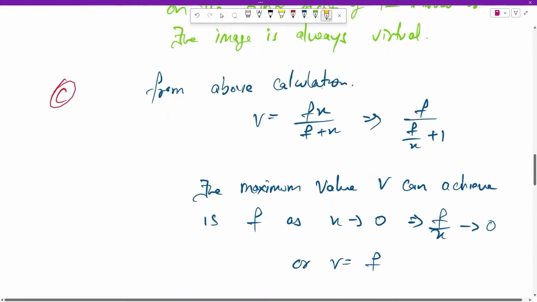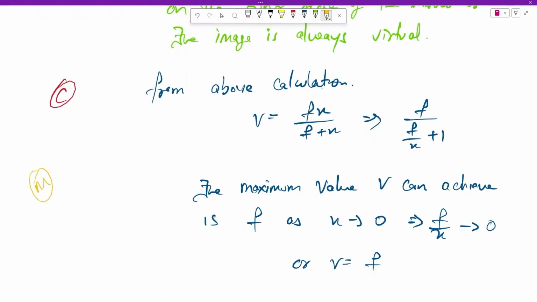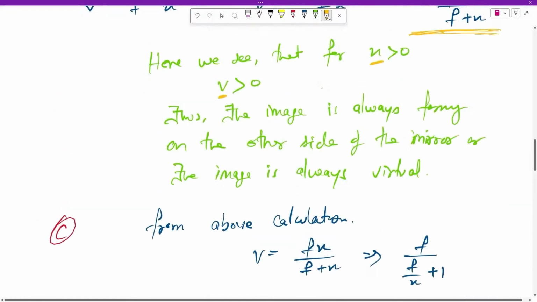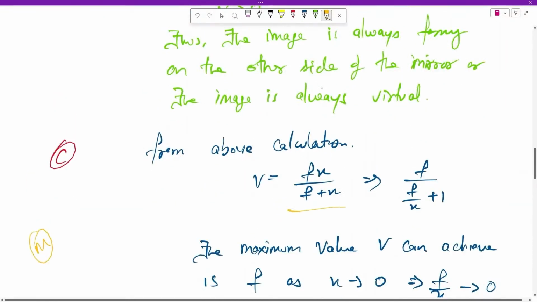Now the third question was: the virtual image produced by a convex mirror is always diminished in size and located between focus and the pole. So the question is asking us to comment on the magnification, and it is also asking us to comment on the position of the image lying between the pole and the focus. So from the above calculation, we see that v equals fx by f plus x, and if we divide both the numerator and denominator by x, we will get f by x plus 1.